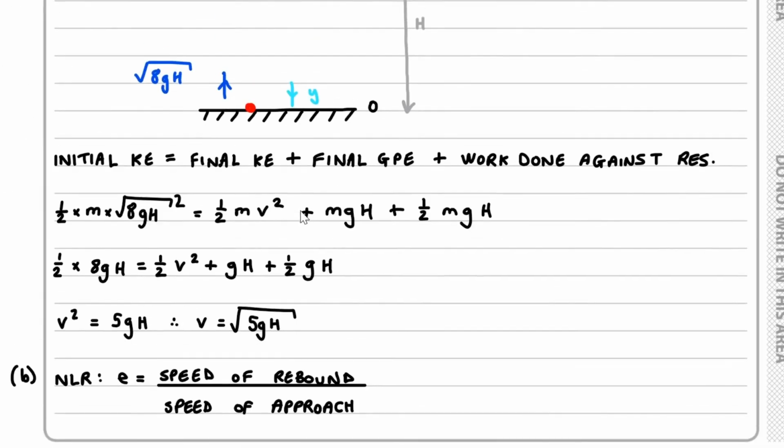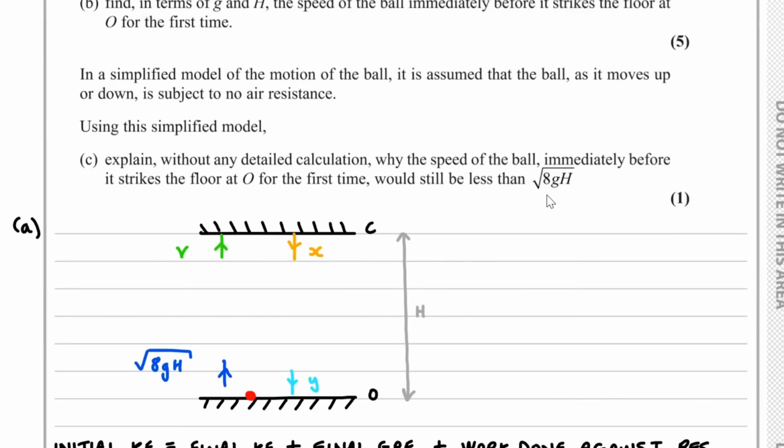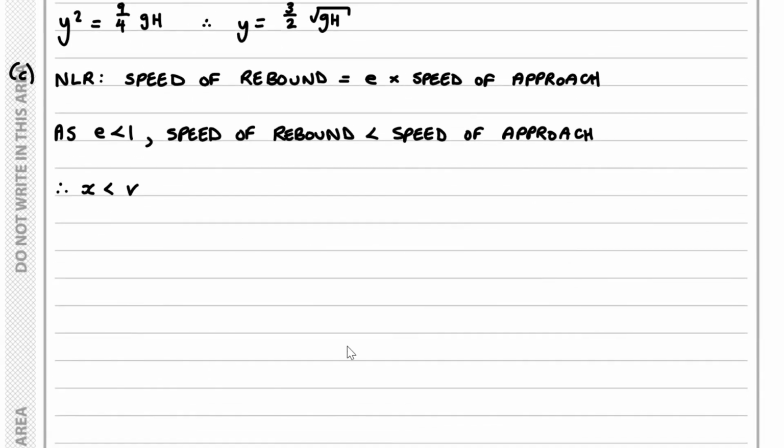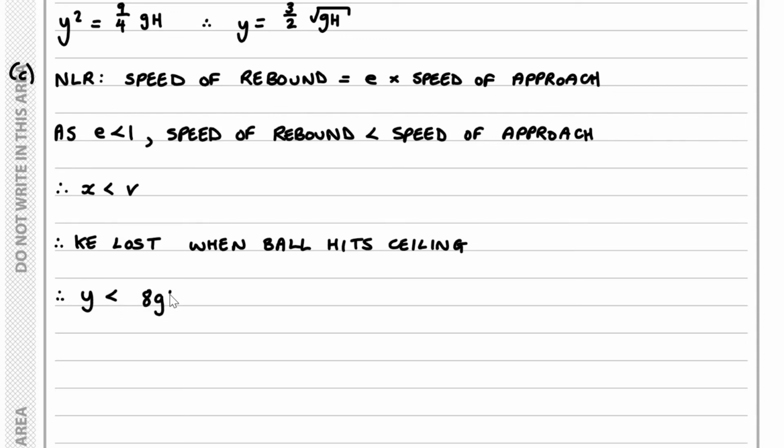And therefore, because of that, the speed will still be less than square root 8gh. So kinetic energy is lost when the ball hits the ceiling, and therefore y will be less than 8gh square rooted.